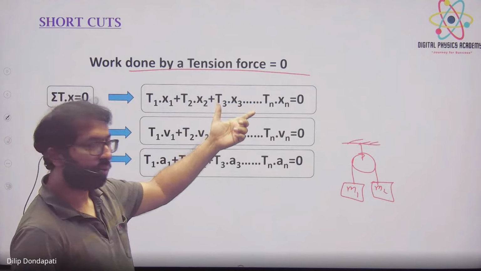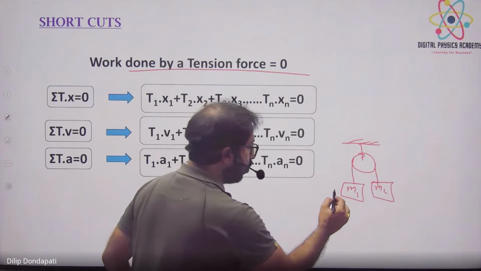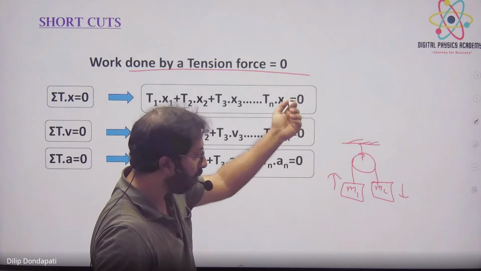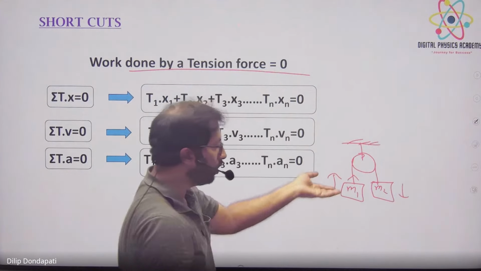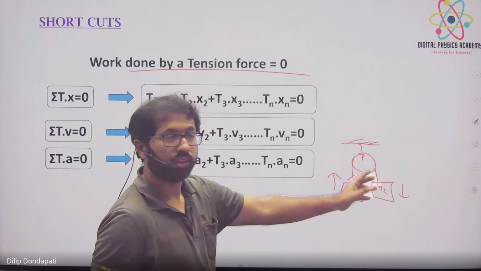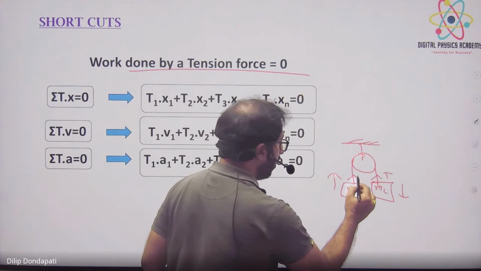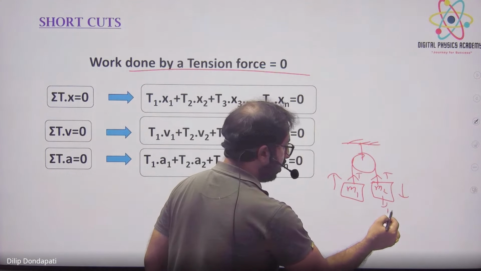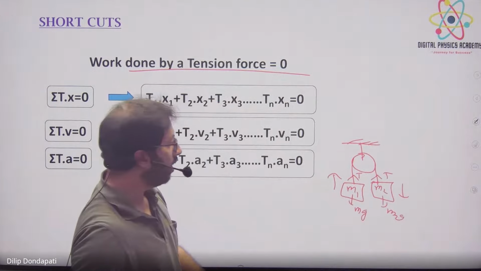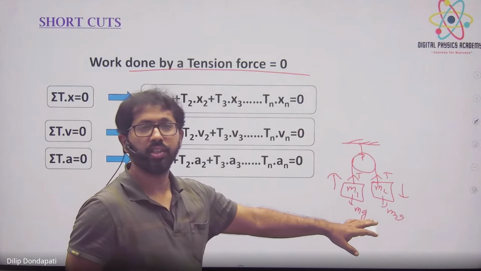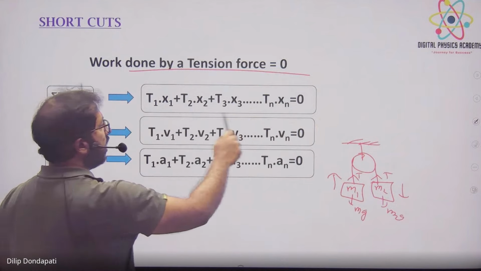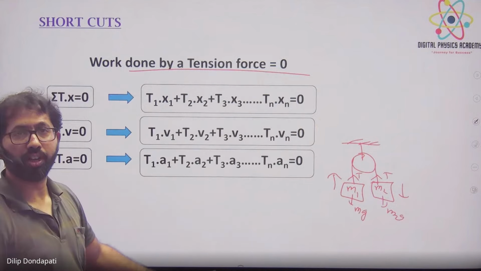See, suppose one block is going upwards and the other downwards. Here force and displacement are in the up direction, so positive, and here force and displacement are in the down direction, so negative. Tension T upwards, and downwards M2g, M1g, right? So positive work and negative work cancel out. Total work done is 0. Derivation is not needed, but understand that total work done in any pulley problem is 0.